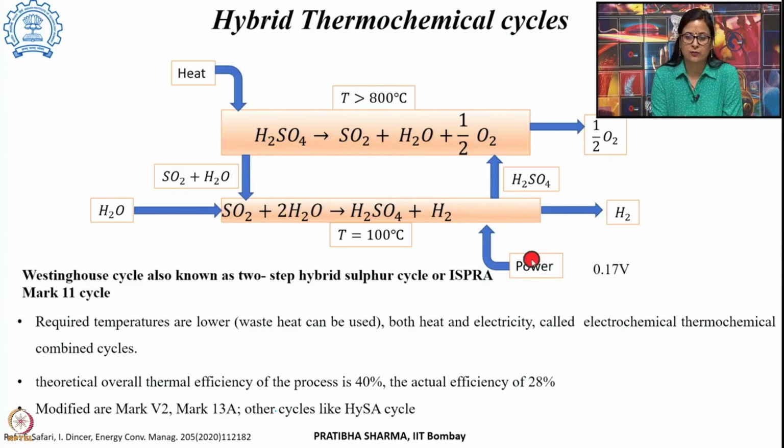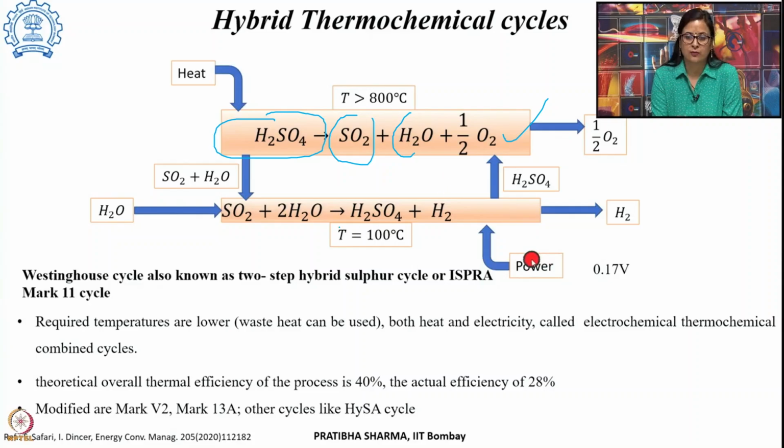Next one is the hybrid thermochemical cycle. This is the hybrid cycle, meaning that heat energy will be used and also electrical energy will be used in this process. This process is the same as the first process: H2SO4 dissociation into SO2, water and oxygen.